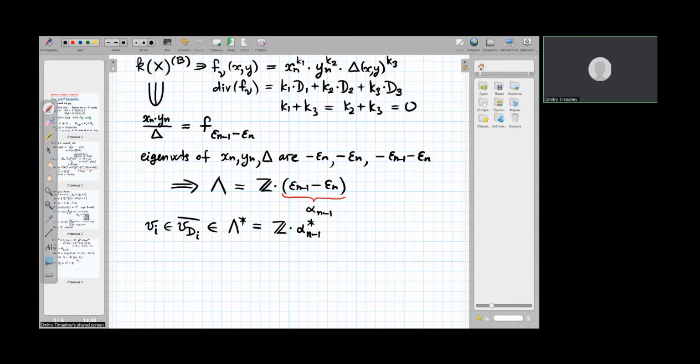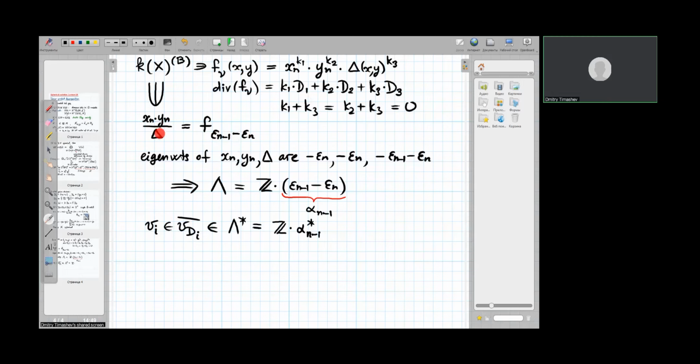And what are these vectors? To compute these vectors, you have just to evaluate the vanishing order of this function, whose weight is generating the lattice lambda. You have to evaluate the vanishing order of this function along these divisors d1, d2, and d3.